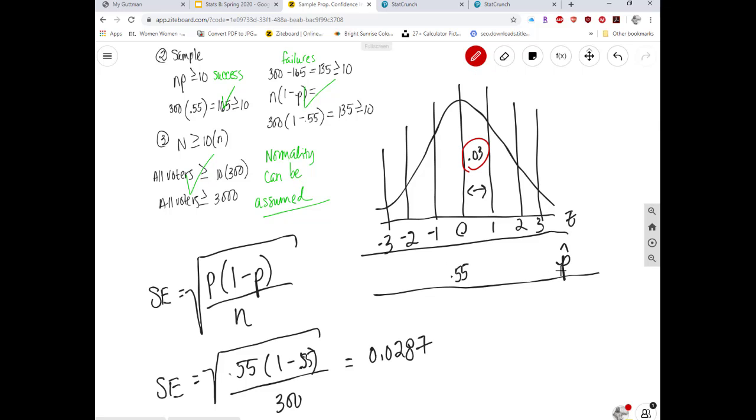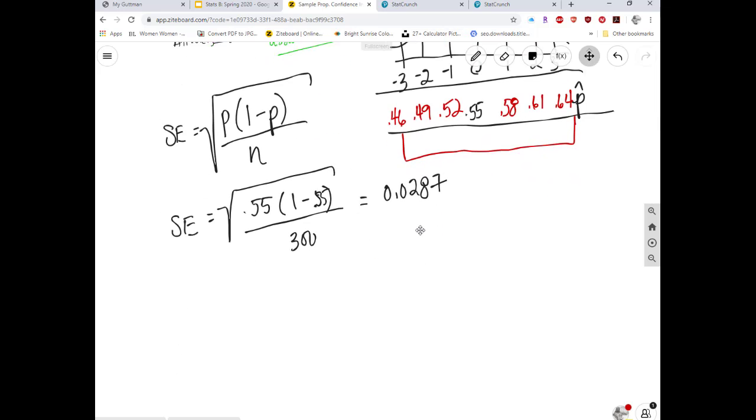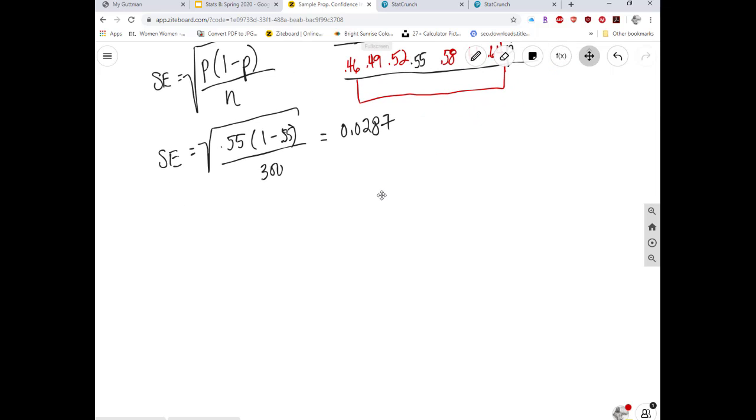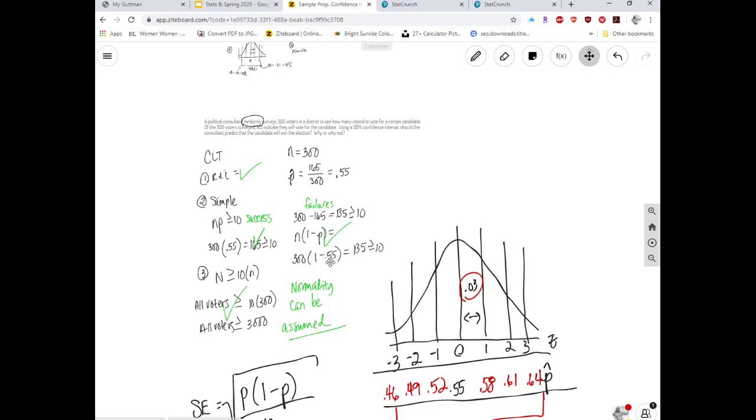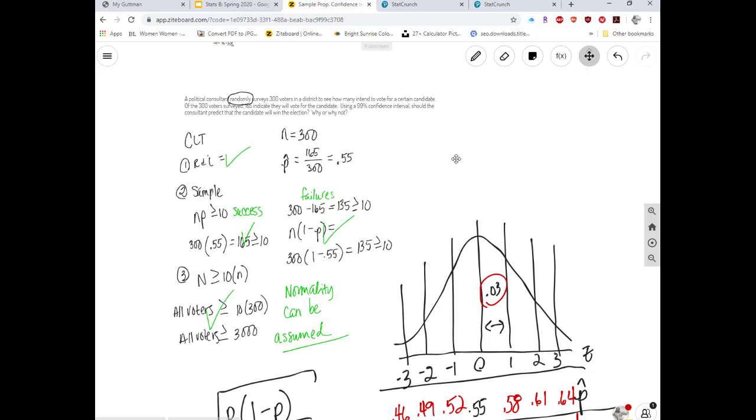I'm going to add going this way, so 0.58, 0.61, 0.64, and in the opposite direction I'm going to subtract: 0.52, 0.49, and 0.46. I want my 99% confidence interval level. Remember, the question wants a 99% confidence interval level.